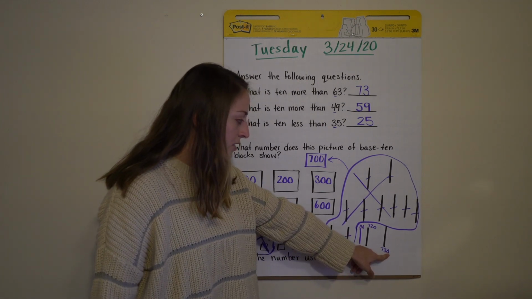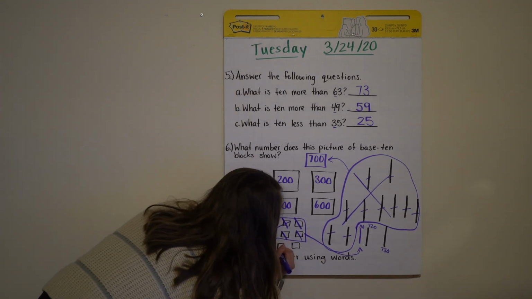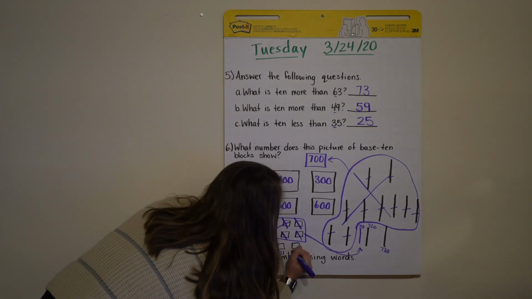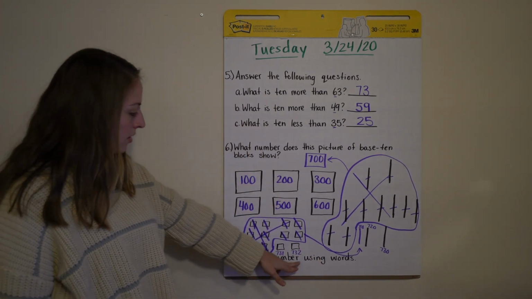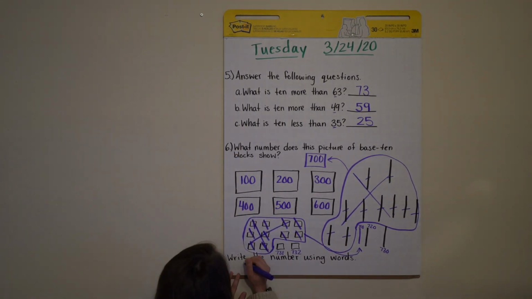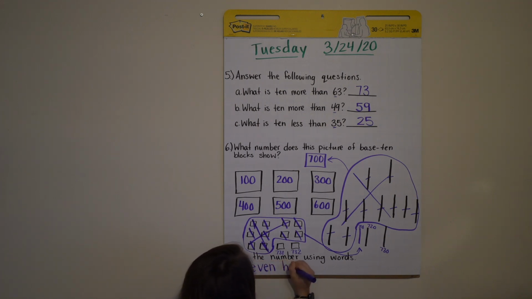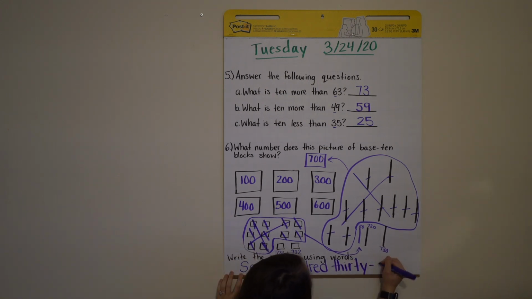I don't have any 1s yet, so remember we're going to put a digit in that 1's place. 731, 732. Now I'm going to write the number using words. 700, 30, dash 2.